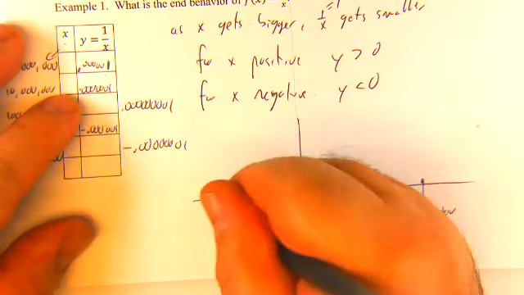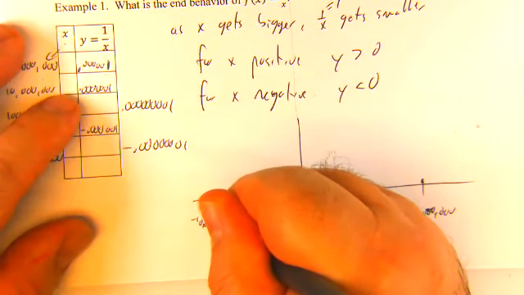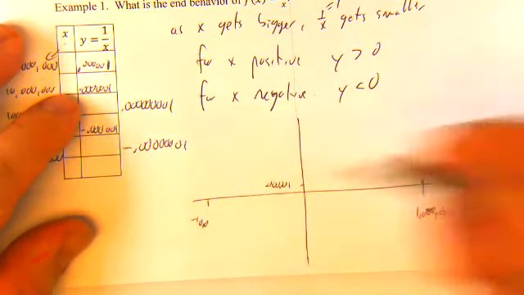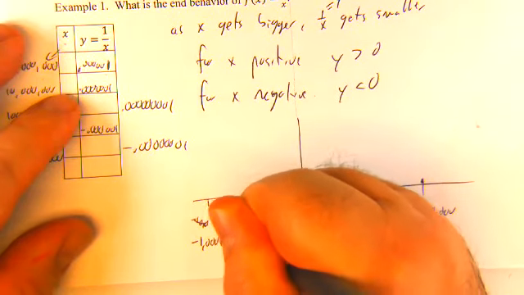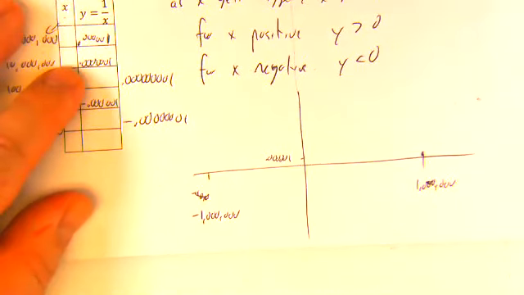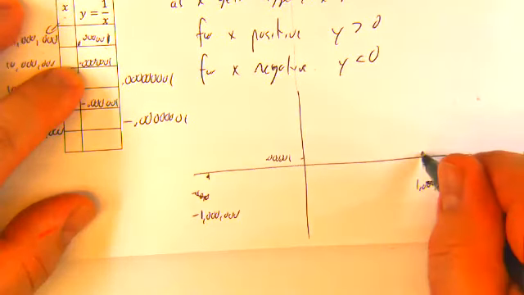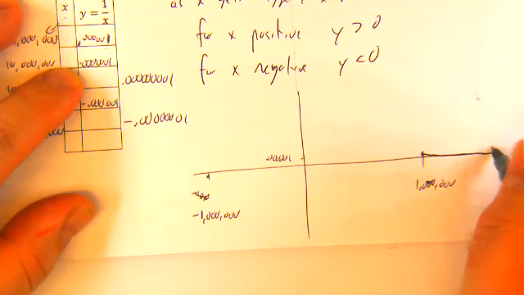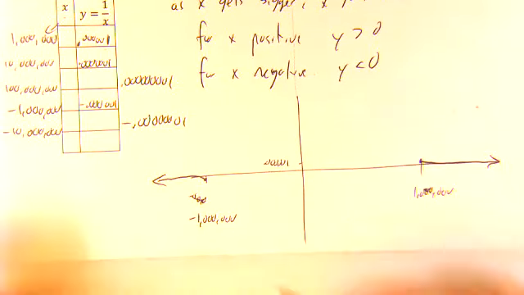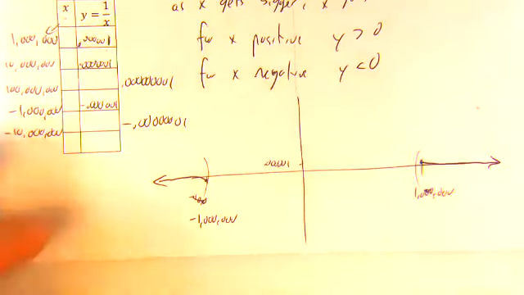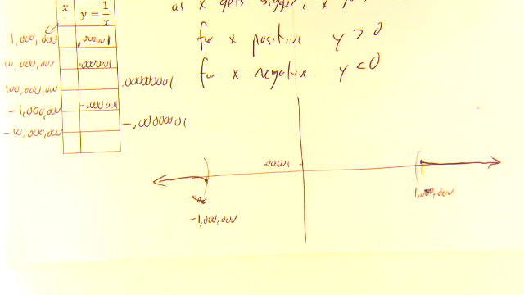And if you're at minus 1,000,000, you'll have a very small negative number. And the further you go out, the closer you get to the x-axis. So the end behavior for y equals 1 over x is basically the x-axis. The graph drops down to the x-axis.